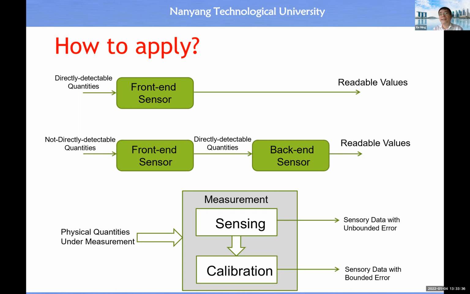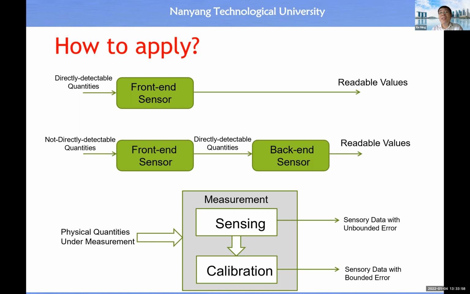So for example, the design of a sensor-related product or system involves two steps. Step number one is to transform the value of a physical quantity under measurement into a readable value, okay? For step number one, you may face two situations, all right?